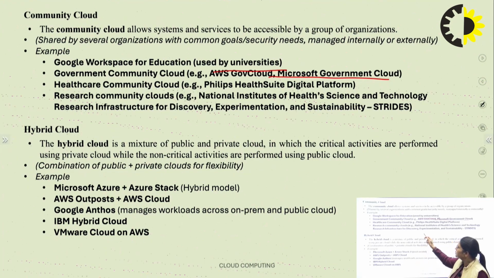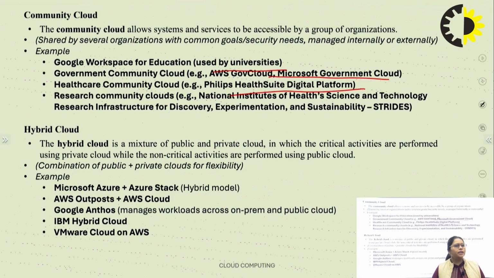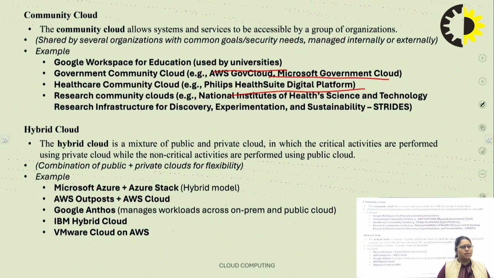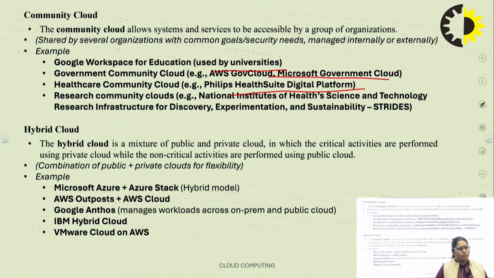Third category is the healthcare community cloud, like the Philips Health digital platform. Then the next category is a research community cloud, where we can exchange research information among different organizations. So in that category, you can use the research community cloud.